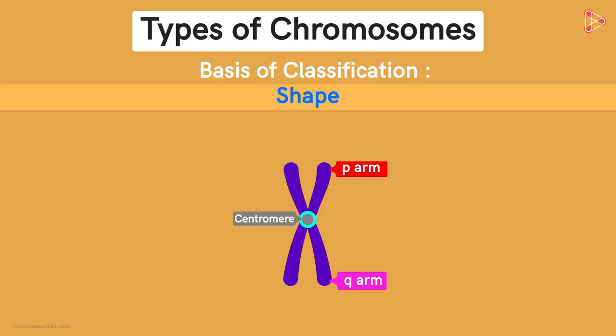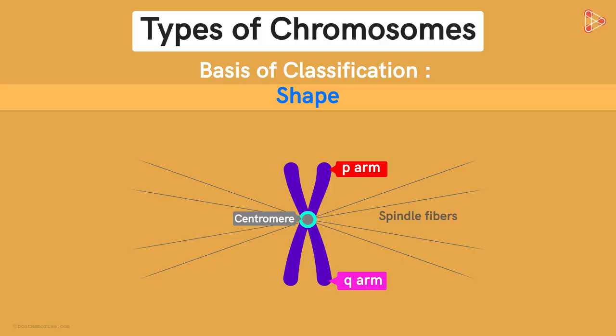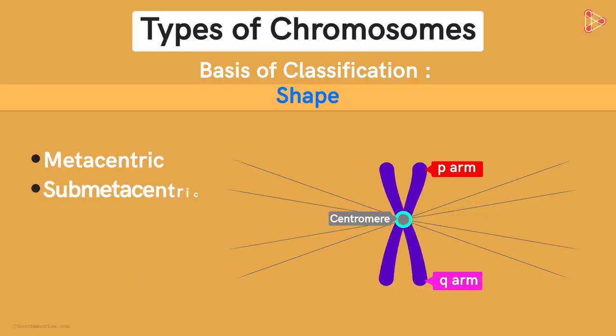Its major function is the attachment of spindle fibers during the cell division process. And let me tell you one more interesting use of the centromere. It's the position of the centromere that helps us categorize the chromosomes into 4 types. The 4 types include metacentric, submetacentric, acrocentric, and telocentric chromosomes.